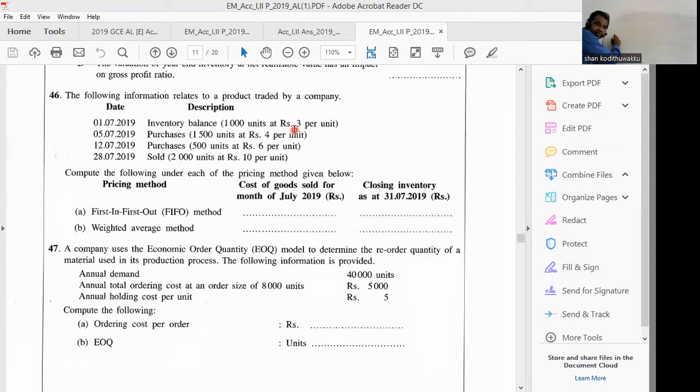You can take the answer like this: part A, part B. Then you can organize the answer: cost of goods sold and closing inventory.